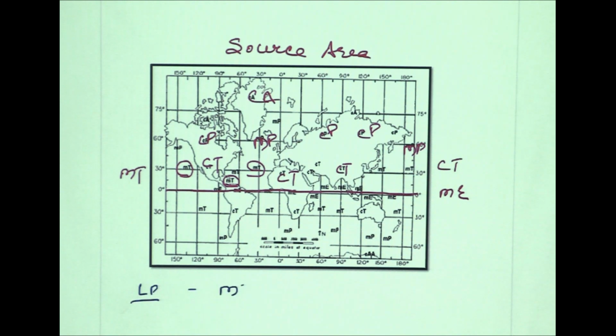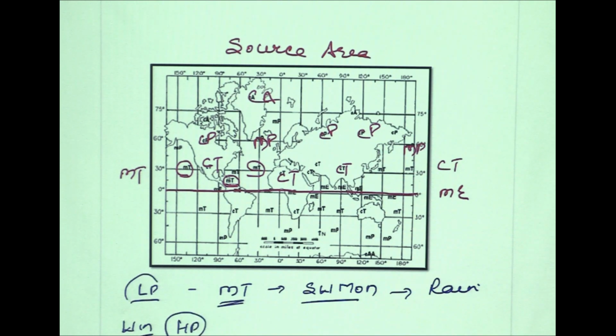Thus, maritime tropical air mass in the influence of southwest monsoons reaches the land causing rain. However, during winters, India is high pressure zone and thus it remains in the influence of continental tropical air mass with offshore winds and thus is dry.